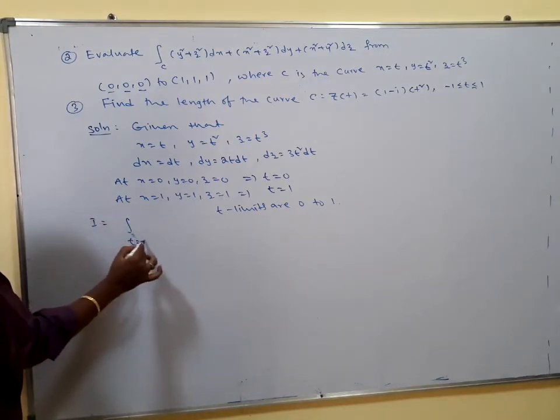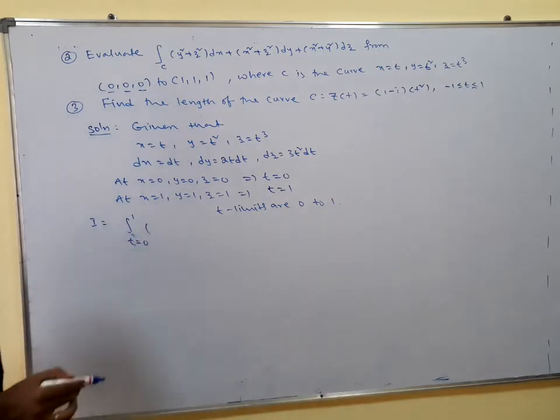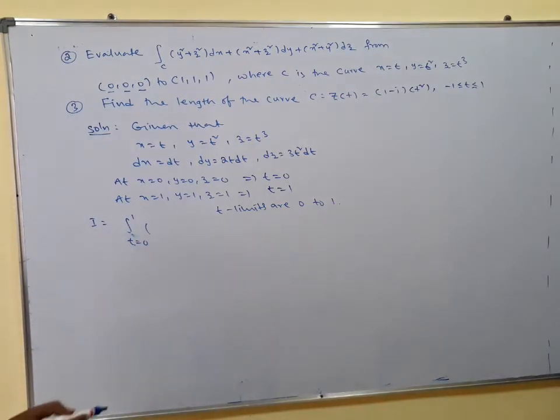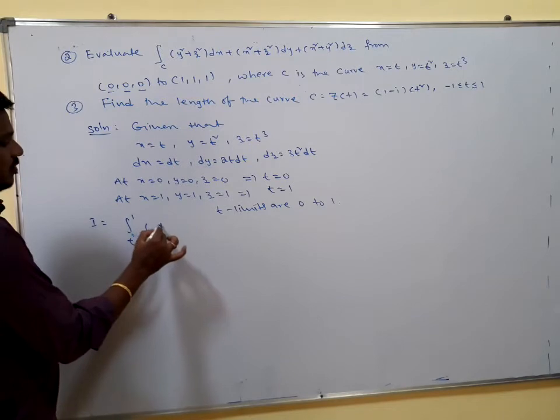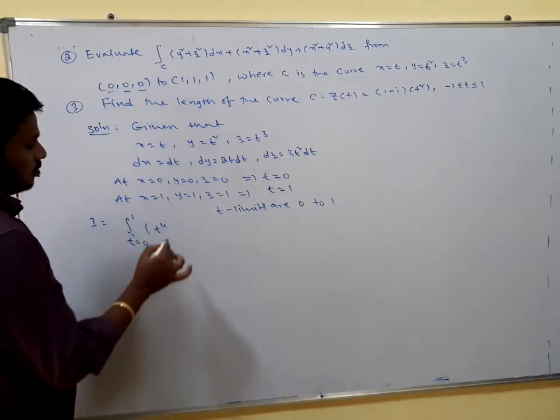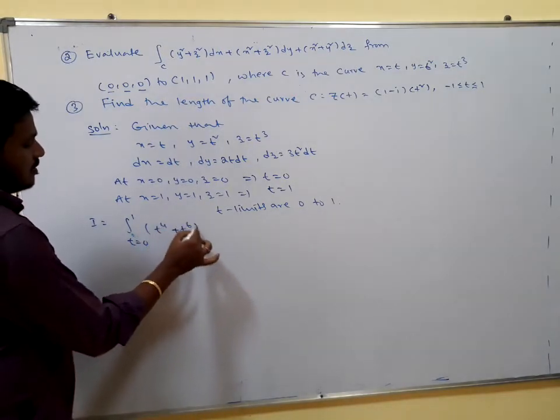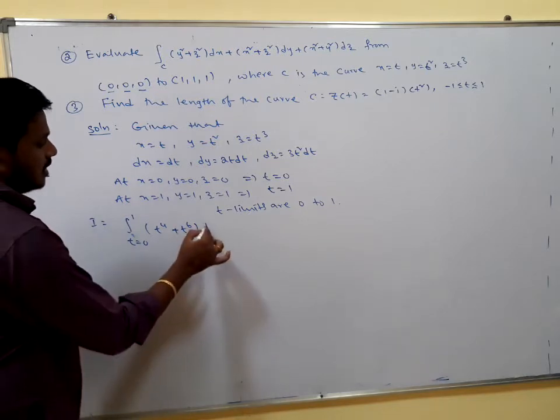Now the integral over C, I, is equal to the integral for t from 0 to 1, converting into terms of t: y square, t square whole square, that is t to the power of 4, plus z square, t cube whole square, t to the power of 6, dx is nothing but dt.